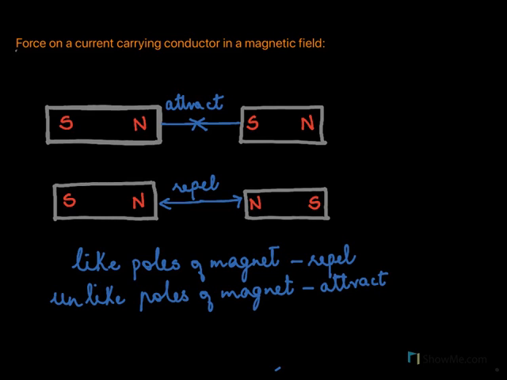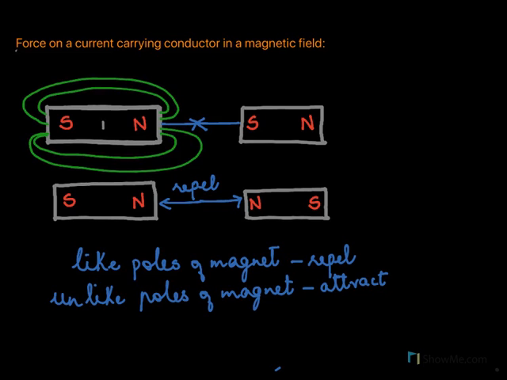So one magnet exerts a force on another magnet. Every magnet is associated with a magnetic field. So magnet 1 has its own magnetic field, and the magnetic field lines are from the north to south direction.